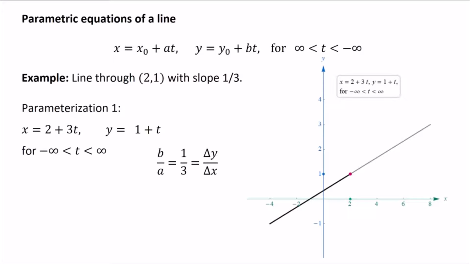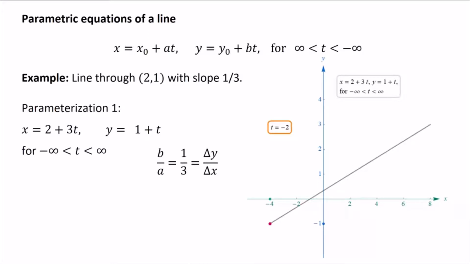We can graph the parameterization on an xy axis as shown, using x values between -6 and 8 approximately, and y values between -2 and 5 approximately. The parameter t equal to -2 corresponds to the point with coordinates x equals -4 and y equals -1.